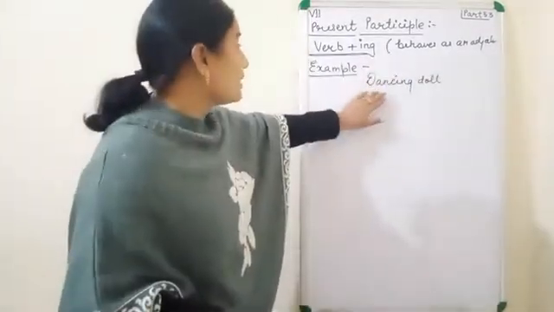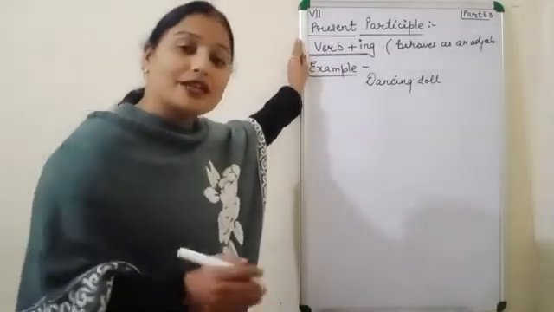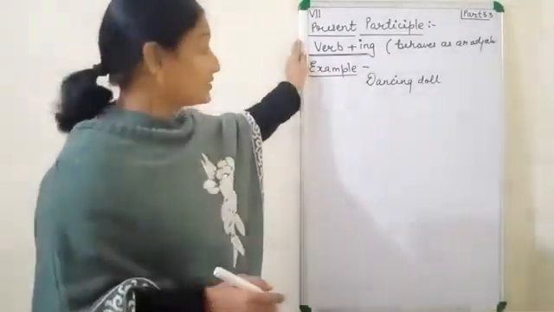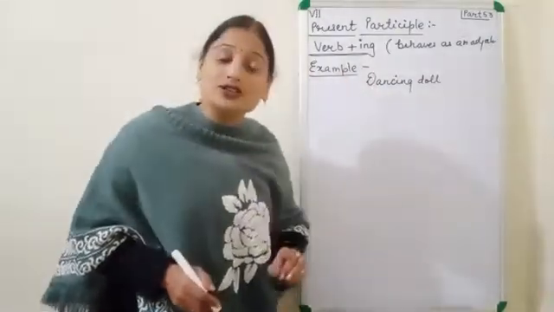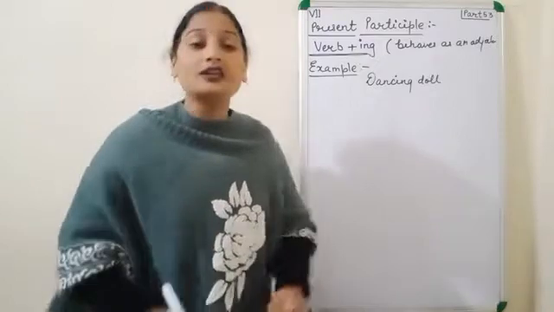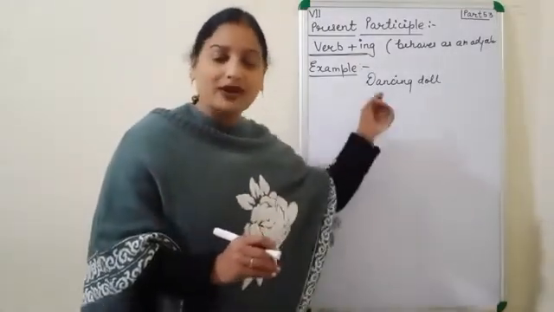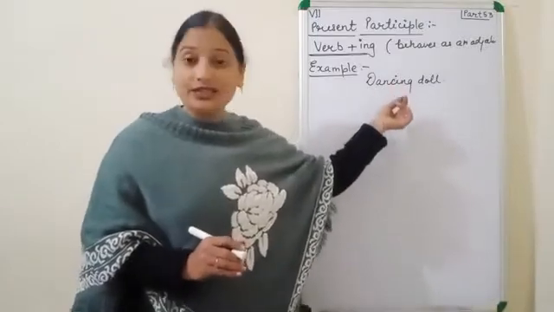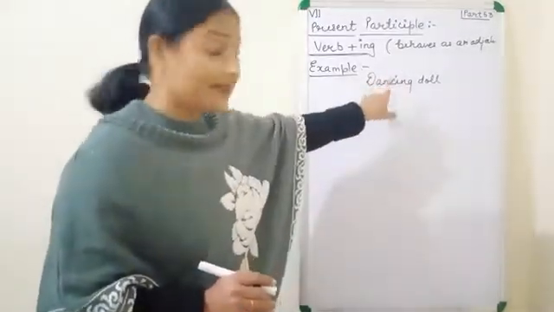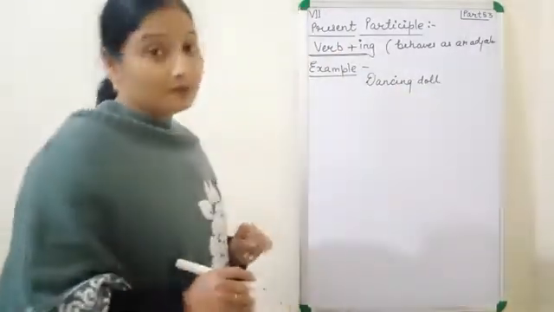So, it is called the present participle. And that's why, children, in the beginning I told you that all these are also called imposters. They are not what they look like. They are looking like a verb, but actually it is not a verb. It is behaving like an adjective. So this is the present participle.